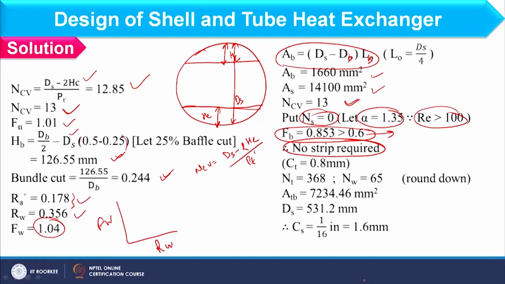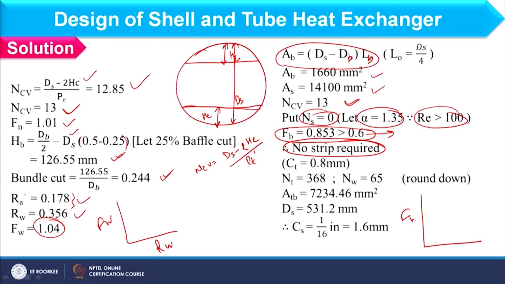Here I am considering FB value as 0.853 only, but here you should find the revised FB value from the graph, and that graph is between FB and AB by AS. So the value you can obtain from this graph depending upon the Reynolds number, and that value you should consider as the final FB value.